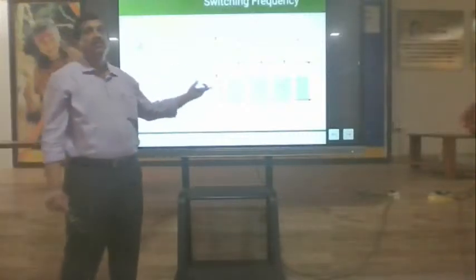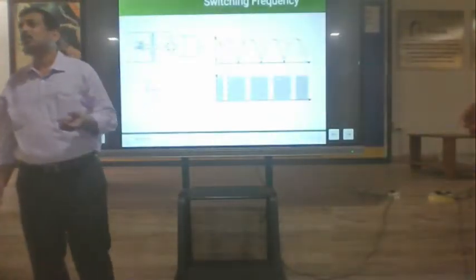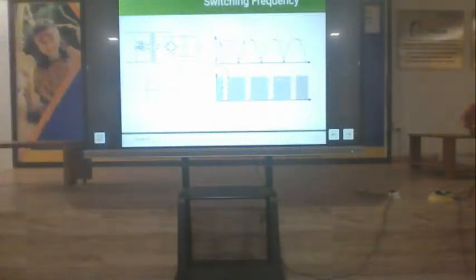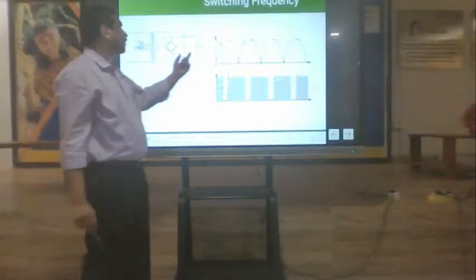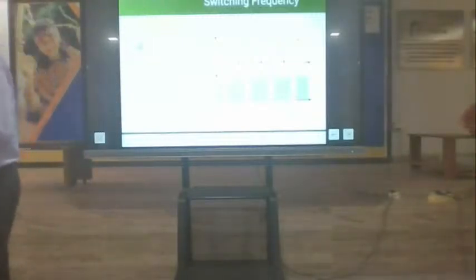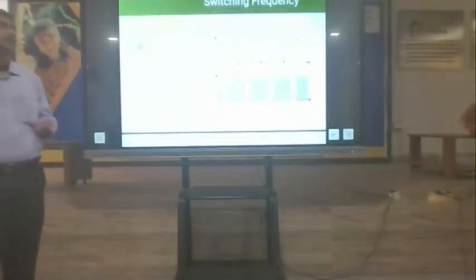What we do is we switch this at a very high frequency so that the time required to charge and discharge the capacitor substantially reduces. When the time reduces, the value of capacitance can be lower. So the higher the frequency, the smaller the capacitance required to charge.